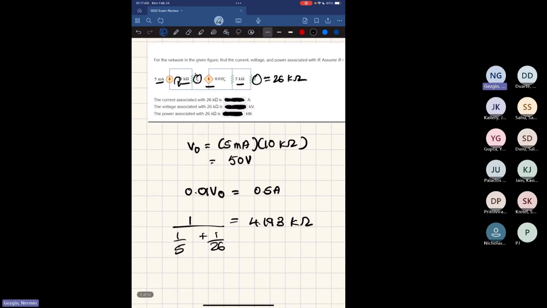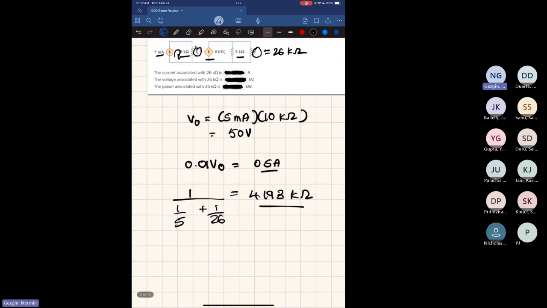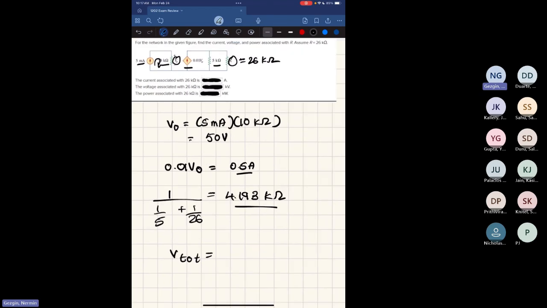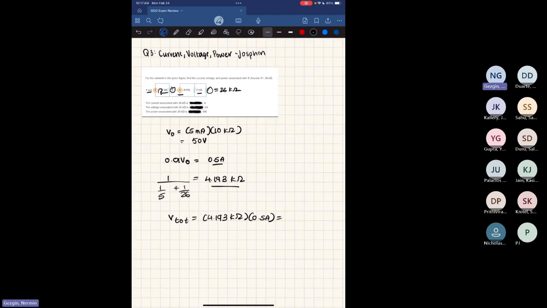And now since we have the current 0.5 amps and the resistance, we can find V total, which is equal to 4.193 kilo ohms times 0.5 amps. That is equal to 2.0967 kilovolts.